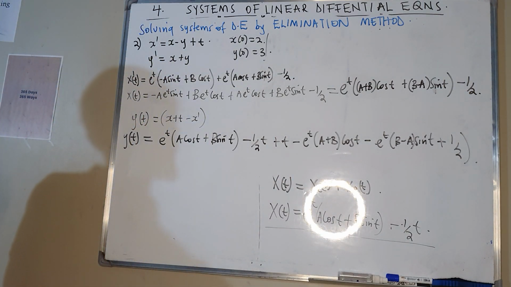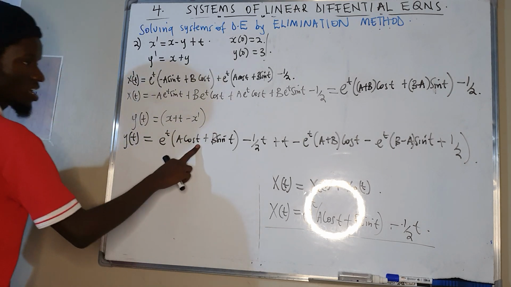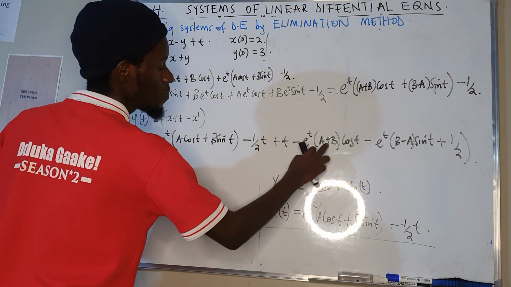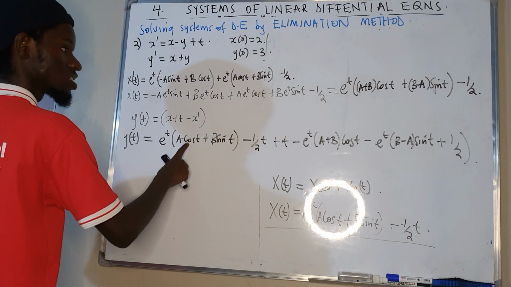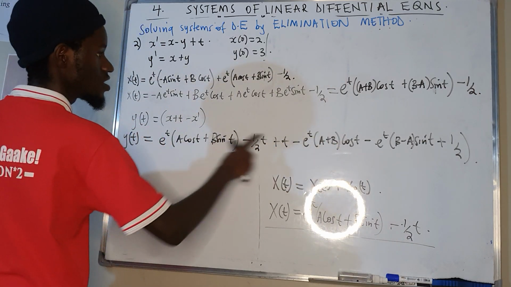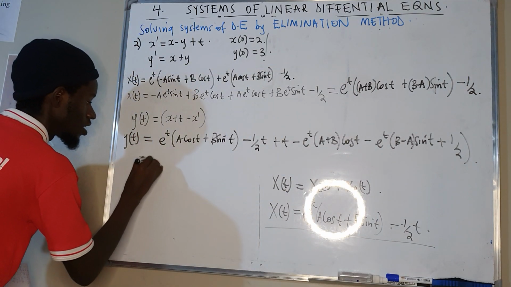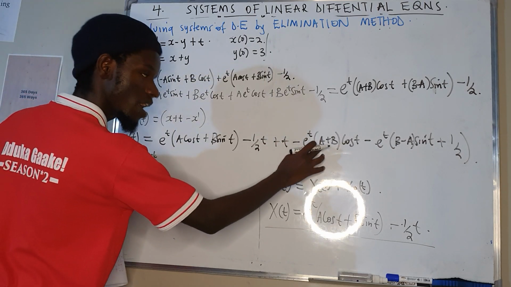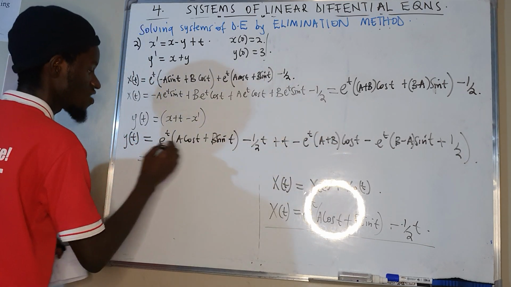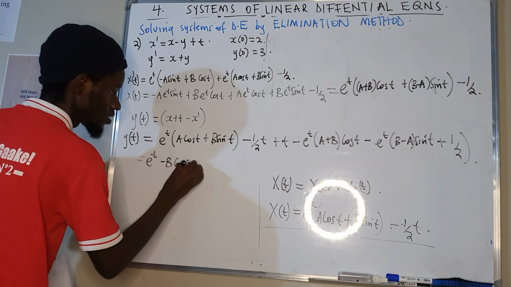Now, how can we solve this one? I'm seeing e power t a cos t, and I have e power t a plus b cos t. e power t is common, cos t is common. This here, then this here, but it's minus. Therefore, this is the same as e power t, a minus a plus b, minus b, cos t.